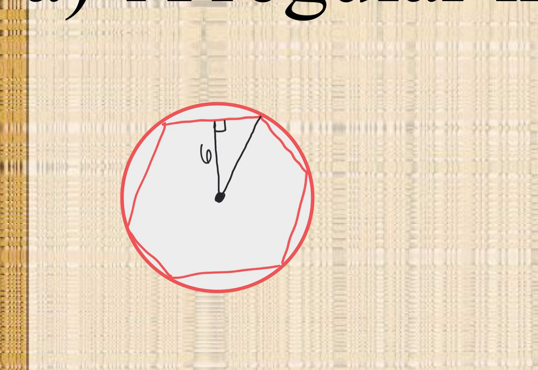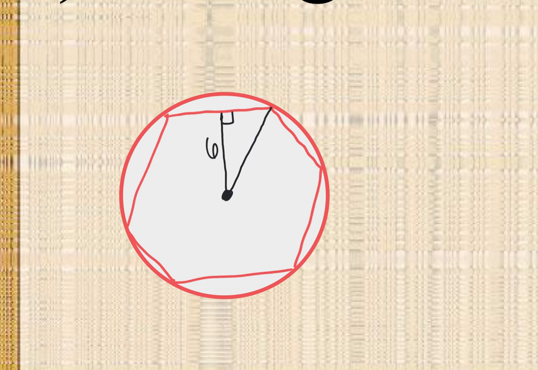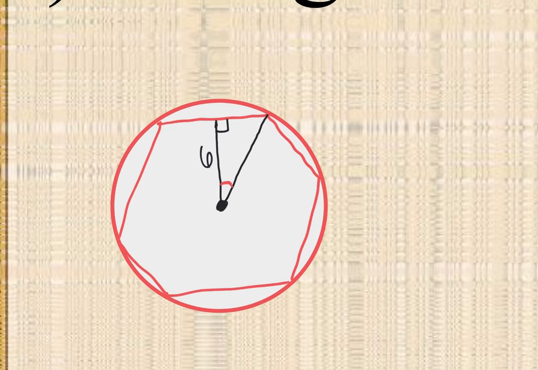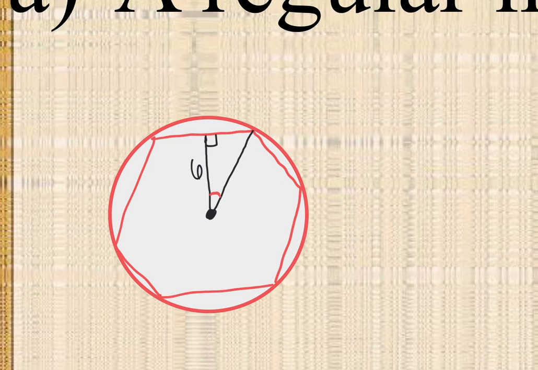Okay. Now, we need to figure out what this angle is. We can't move forward until we figure out this angle, right? We're going to write that this is x degrees. X degrees is equal to 360 divided by the number of sides times 2.